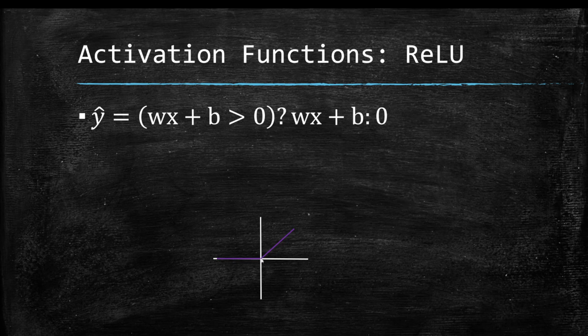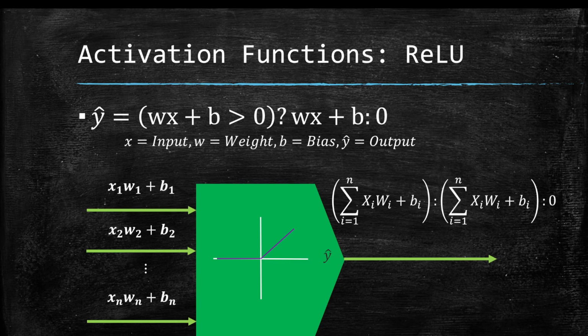But once we hit this threshold value, we push forward whatever our sum actually is. This is called ReLU, rectified linear unit, because it's 0 up until it reaches some threshold, and then it passes on the sum of whatever's coming through.